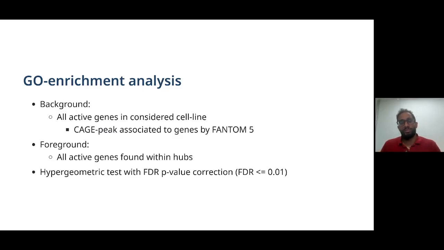The way we did this is by simply applying a gene ontology enrichment analysis, where for the background we considered all the genes associated with active CAGE peaks, as annotated by FANTOM5, and in the foreground we considered all the active genes, but that were specifically found inside the hubs. The enrichment was estimated using a hypergeometric test followed by an FDR p-value correction.